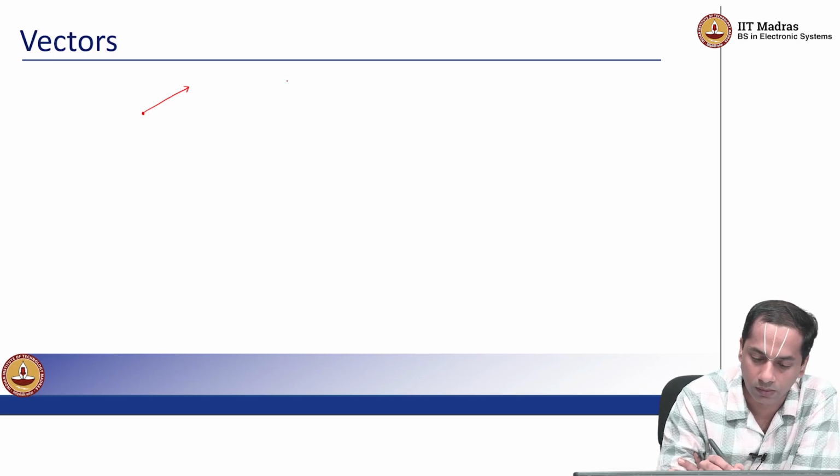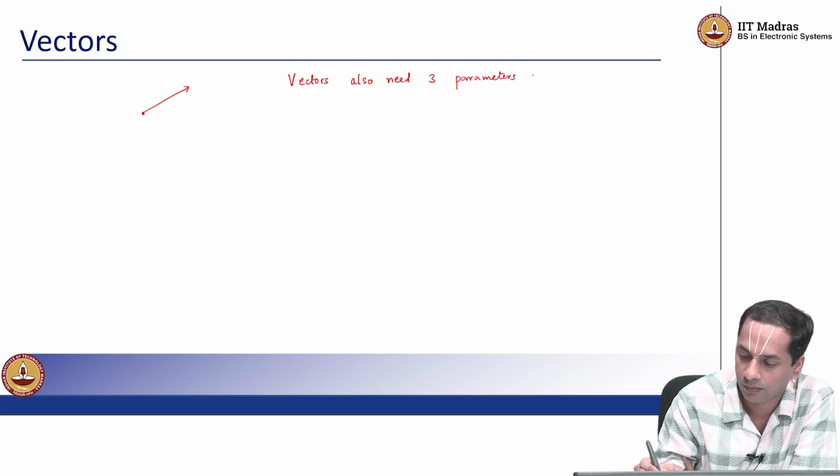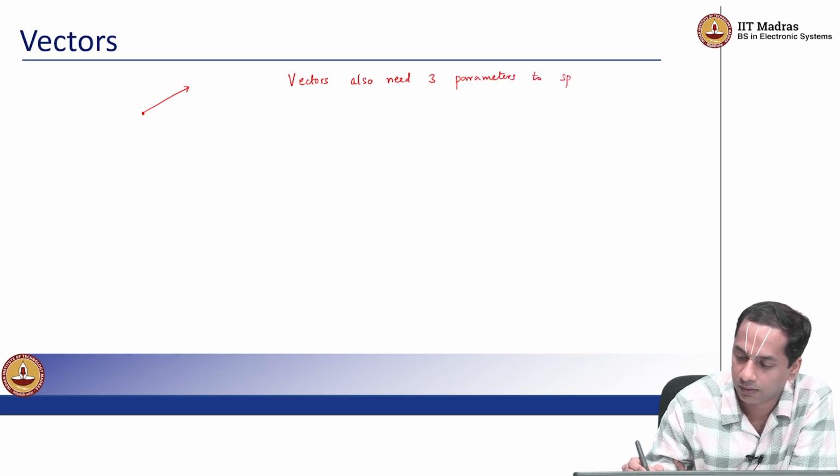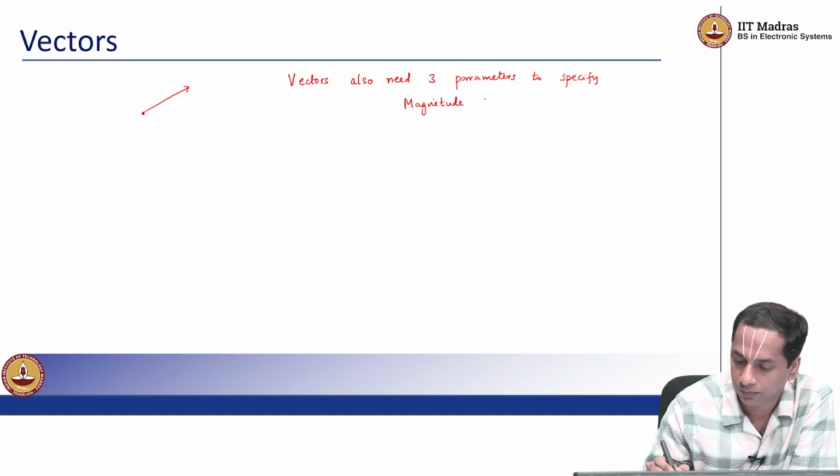Okay, so vectors also need three parameters to specify magnitude and direction.